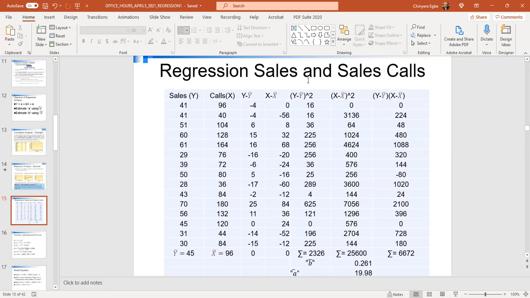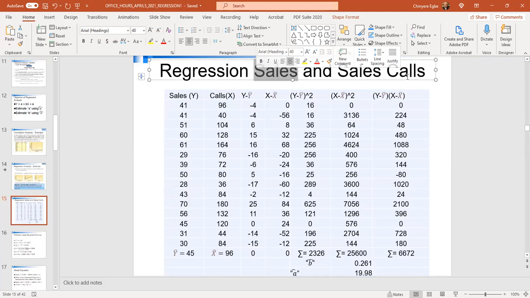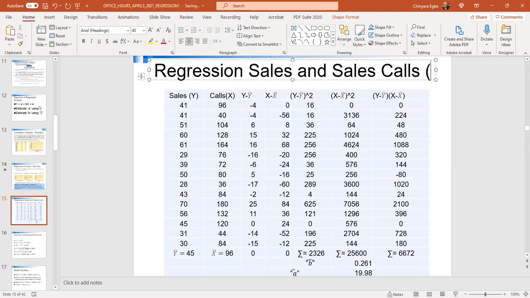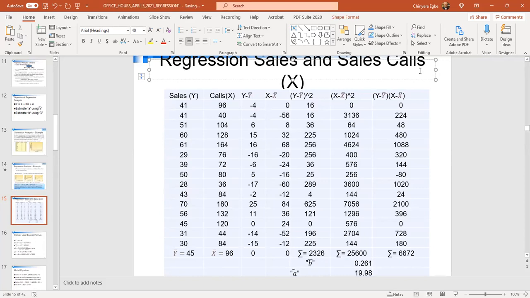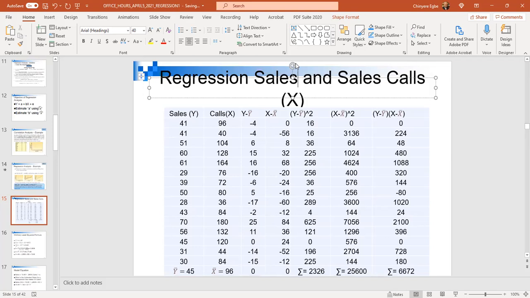So the sales will be the dependent variable, and the sales calls will be the independent variable. I'm going to label them.